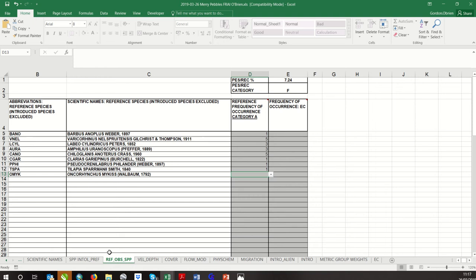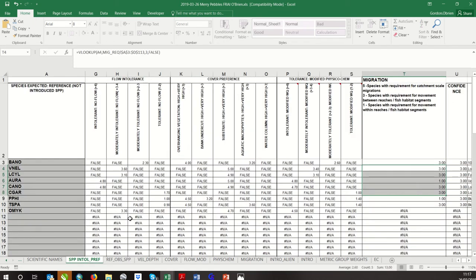And then your trout have also preferred high velocities, good substrates, good cover. They don't like water quality changes, but naturally that would be fine.